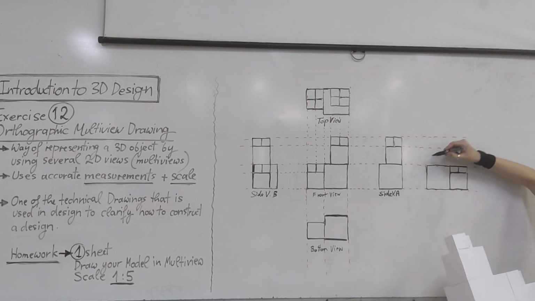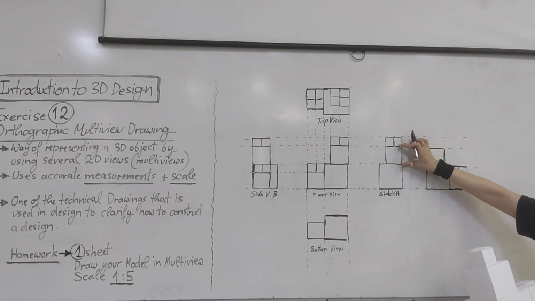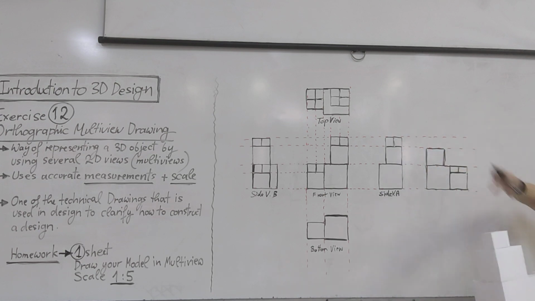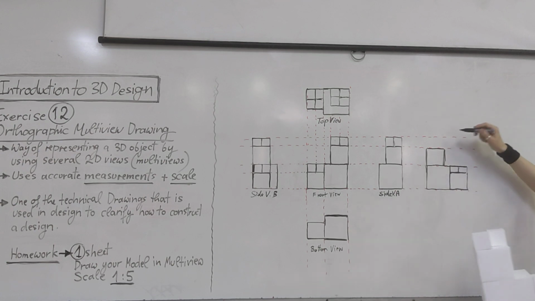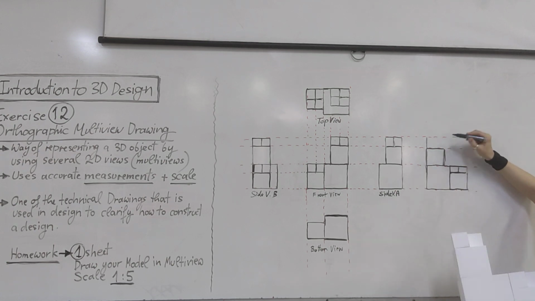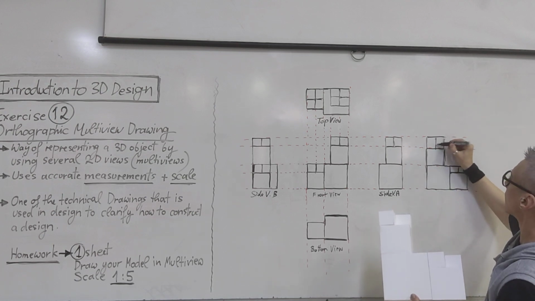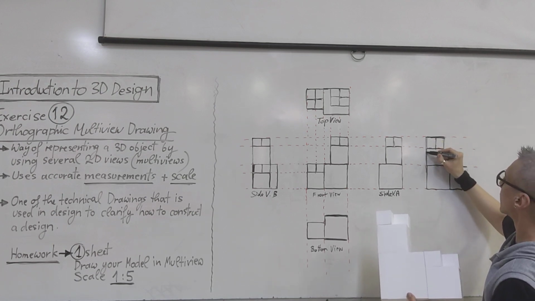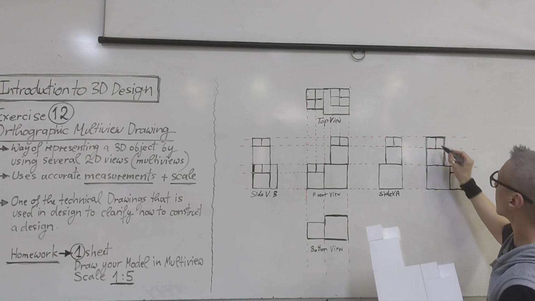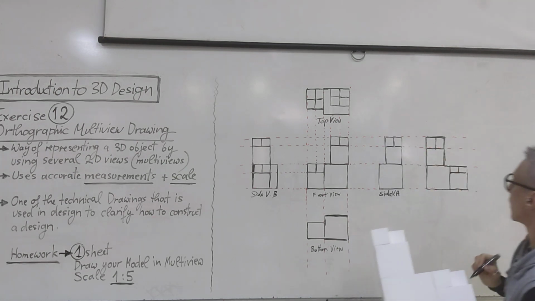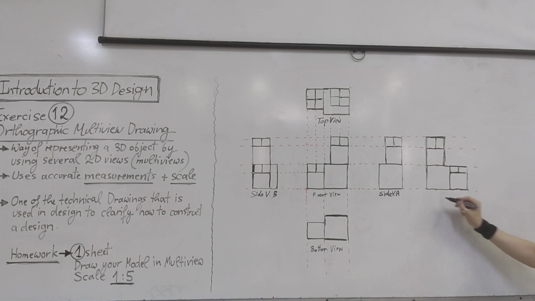On top we have the 10 centimeter cube, which is aligned with this, and then these two cubes that were here are now these faces we are drawing. And this is the back view.